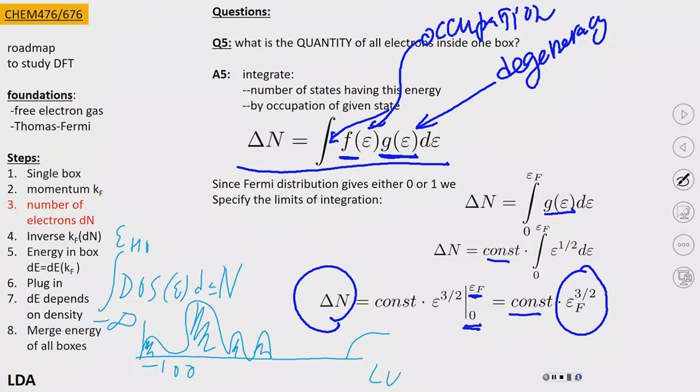And if you take the integral of the independent variable to the power of 1/2, Alyssa can help us to take this integral. Same as before. Integral of E to the power n dE equals 1 over n plus 1, E to the power n plus 1, right?